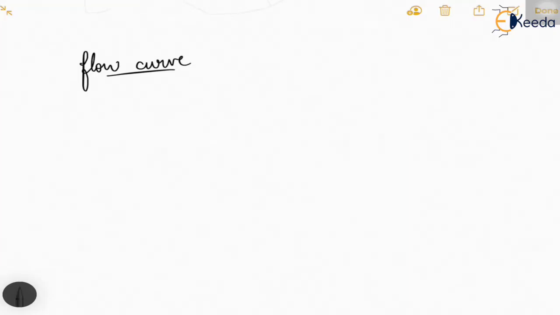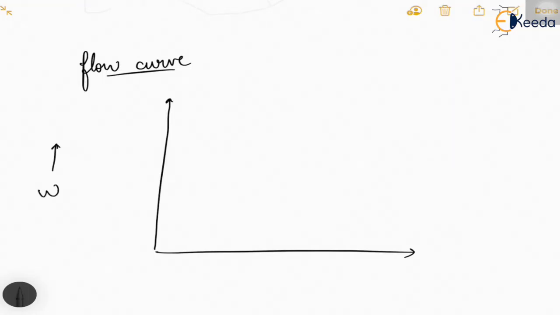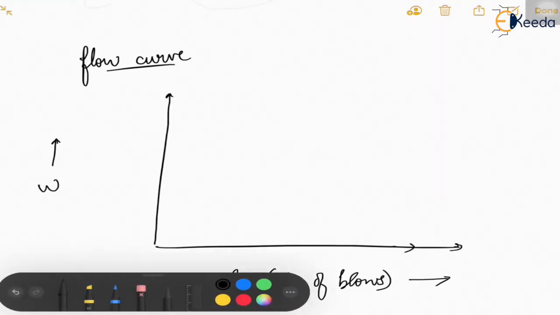The flow curve is basically the curve between the values of water content on the y-axis and the log of the number of blows in which the soil was able to flow together and come together, taken on the x-axis. So this is known as the flow curve.